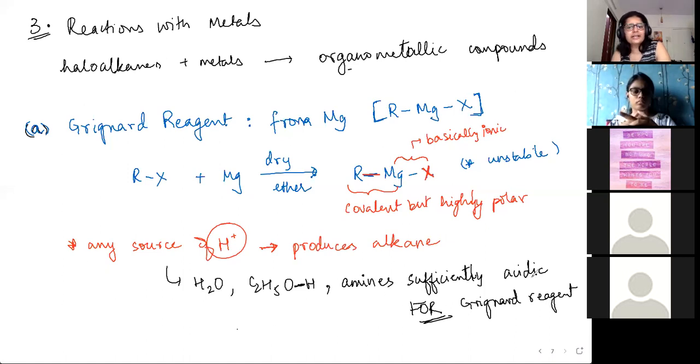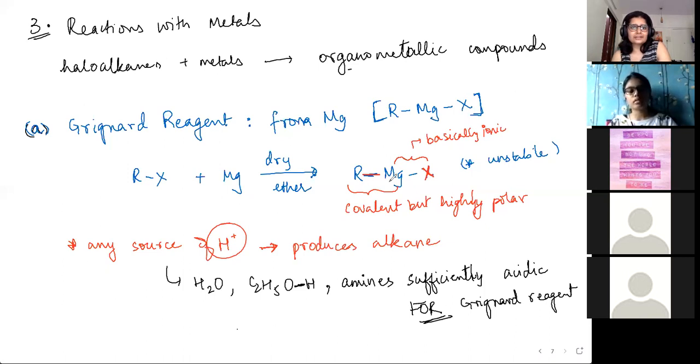They are sufficiently acidic for Grignard reagent because they've got that hydrogen. But ma'am, when I asked a doubt, I got disconnected. Alcohols give OH, right? Again, as I told you, it depends on the context. In this context, this particular Mg is electropositive, it needs a negative charge.